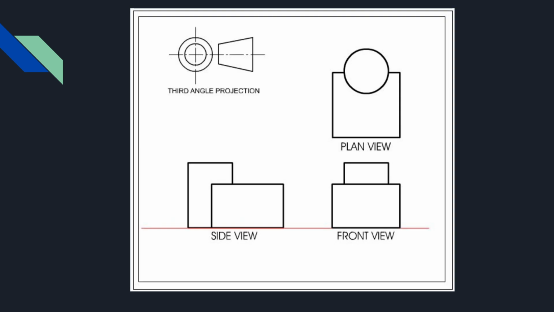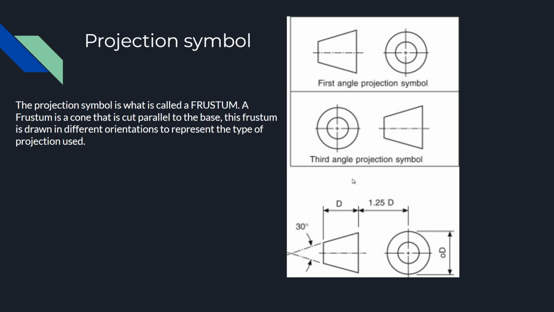But to be on the safe side, you should also know the third angle projection. So just for today, what you're going to do, you're going to make notes on what we went through here basically, and we're also going to construct the projection symbol that's shown here, right?